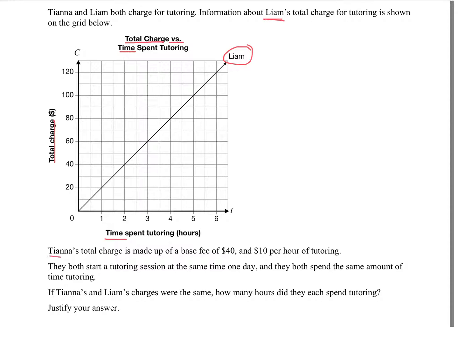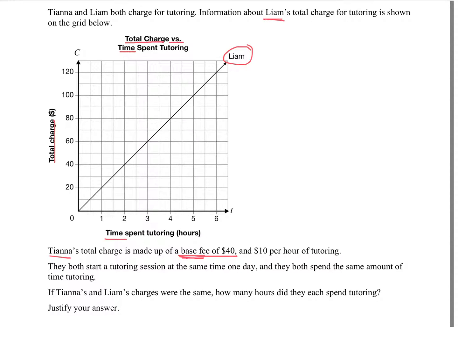It says now Tiana's total charge is made up of a base fee of $40.